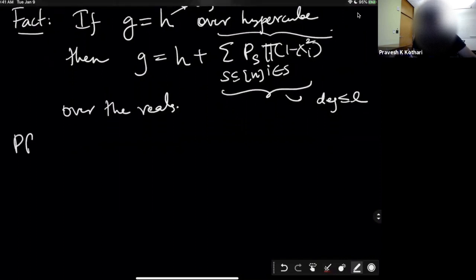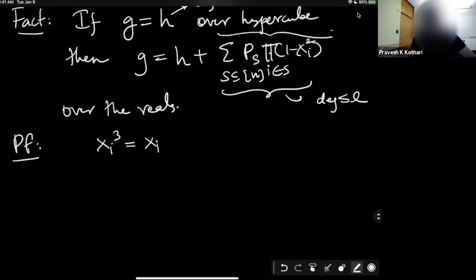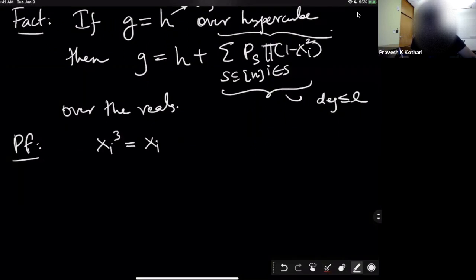So what's the proof of this? I'm only going to sketch. Let's say for example you try to do it for x_i cubed. Now over the hypercube, x_i cubed equals x_i, right? And I can write it as x_i cubed equals x_i minus x_i plus x_i cubed, which equals x_i plus x_i times (x_i squared minus 1).